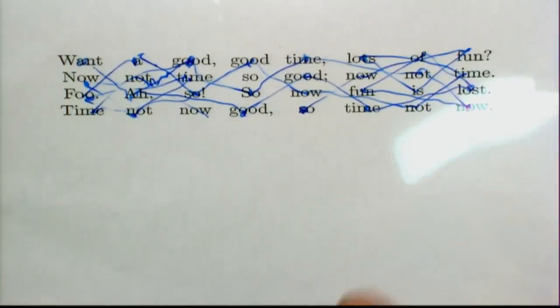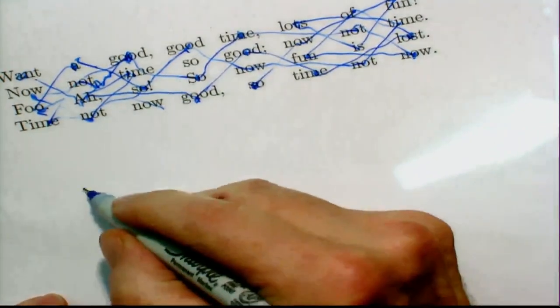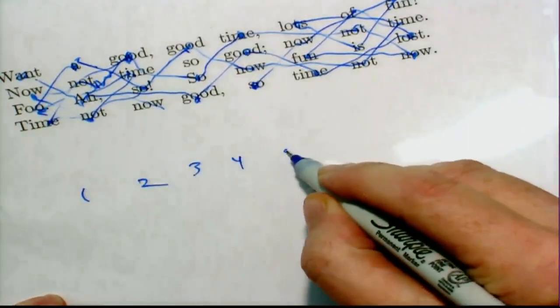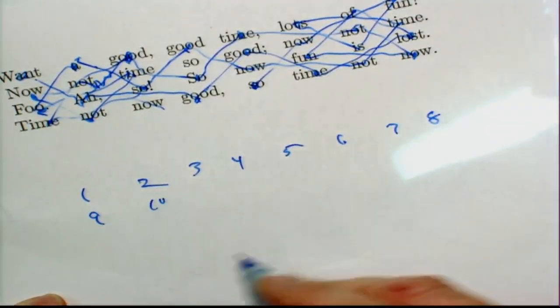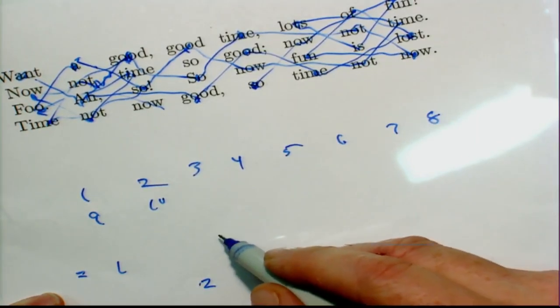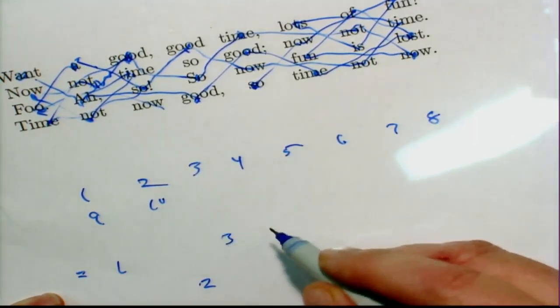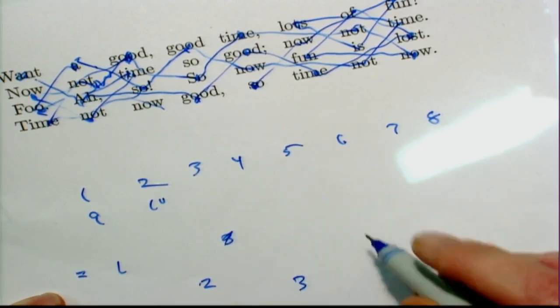I had to have a poem with 12 different words here, so that 1, 2, 3, 4, 5, 6, 7, 8, 9, 10, and so on, is also equal to 1, 2, 3. Well, I don't know where the 3 was, but maybe here.